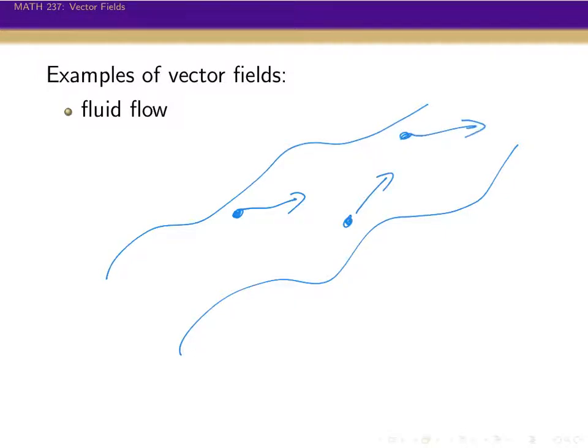These velocity vectors tend to stay fairly constant over time, and so you can define a vector field that gives the velocity for water at each point inside the river.